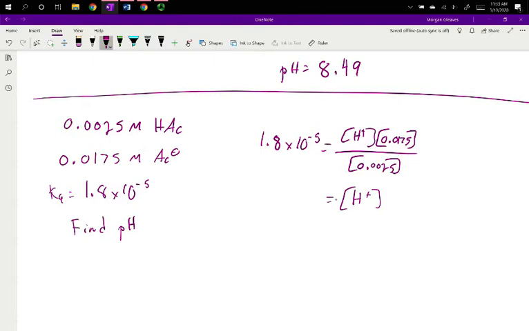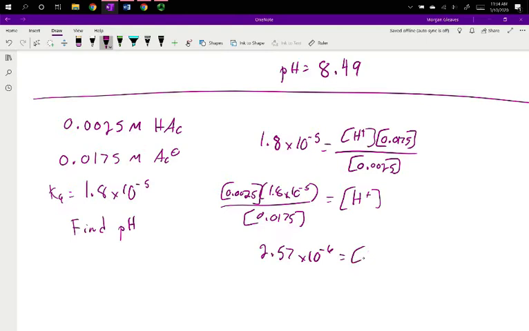So our H+ concentration is 1.8 times 10 to the minus 5, times our acid, 0.0025, divided by our base, 0.0175. So 1.8 times 10 to the negative 5 times 0.0025 divided by 0.0175. 2.57 times 10 to the minus 6 is our H+. And so the negative log of that value, our pH, is going to equal 5.59.